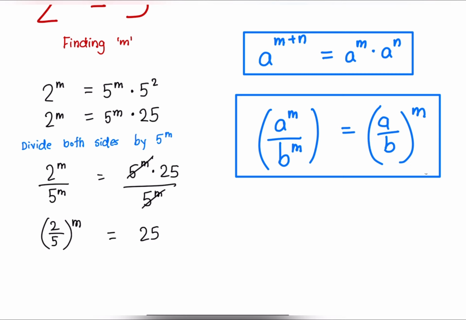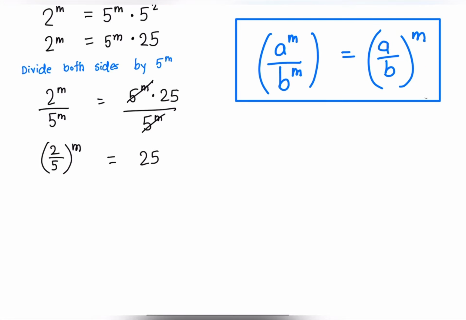Now what we're going to do is take log on both sides. So we will have log of 2 over 5 to the power m and log 25. So now we have a few rules in log.